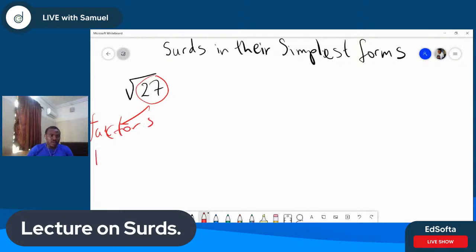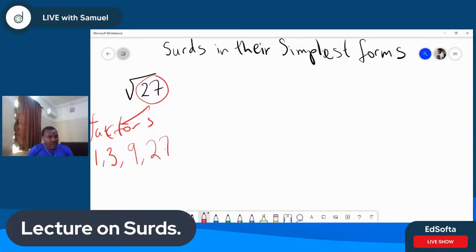So what are the factors? 1, 2? No. 2 wouldn't be a factor of 27 because 27 divided by 2 gives a remainder. So 2 is not a factor. So 3, 9, and 27. What is our smallest? Our smallest is 1.